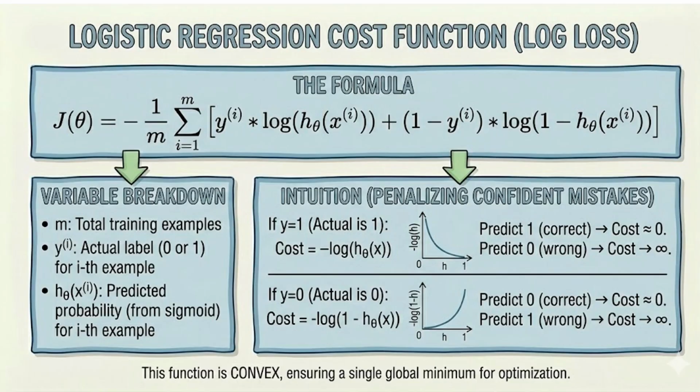In the second case, the actual label is 0, so we look at the second part. If we predict 0, the cost is 0. What I mean is, if the predicted label is the same as the actual label, the cost is low. But if it is not correct, then there's a heavy penalty, because the cost skyrockets.